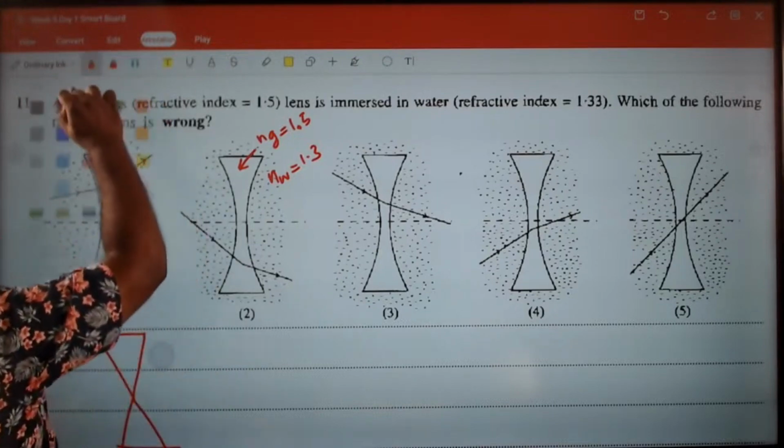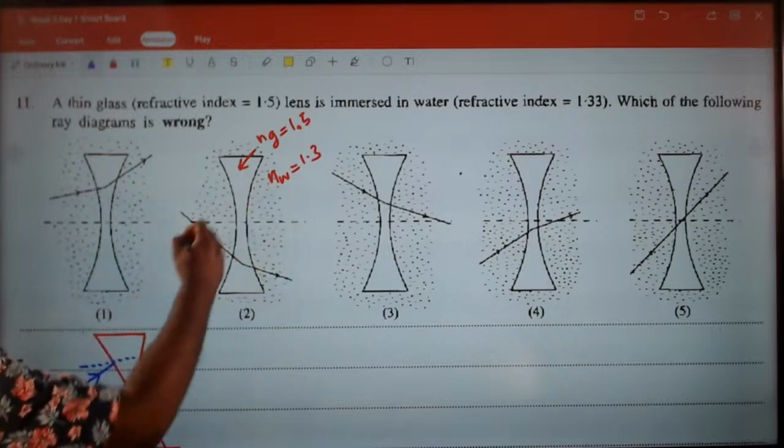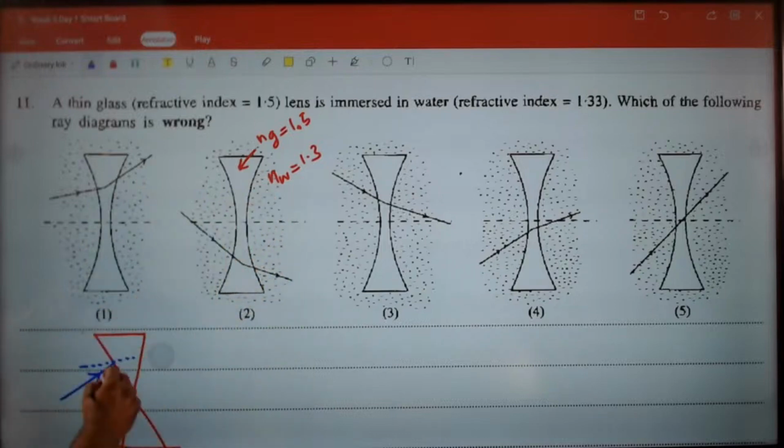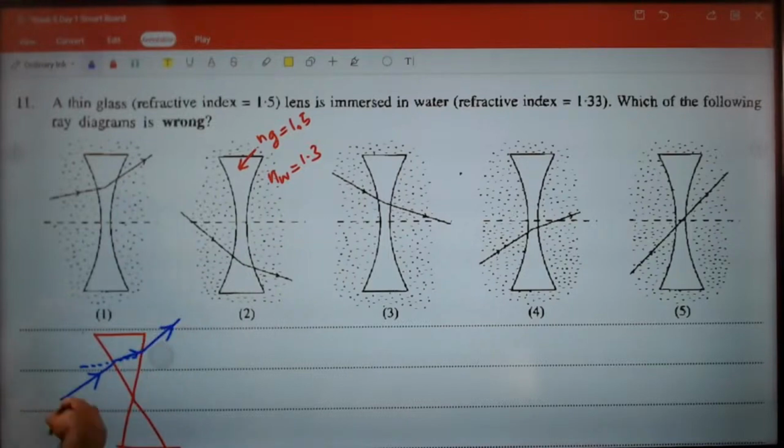Look at this carefully. Light rays are moving here. Rarer to denser means it should go towards the normal. Then denser to rarer, it will go away from the normal. So away it will go.